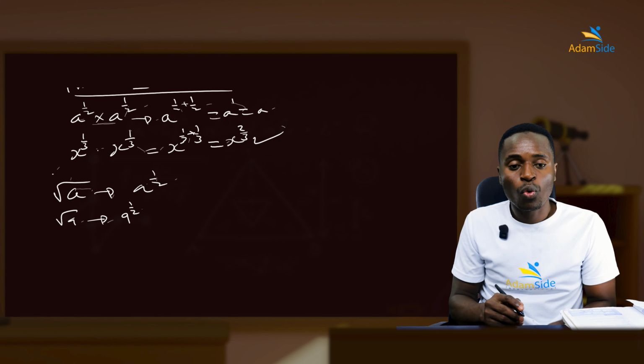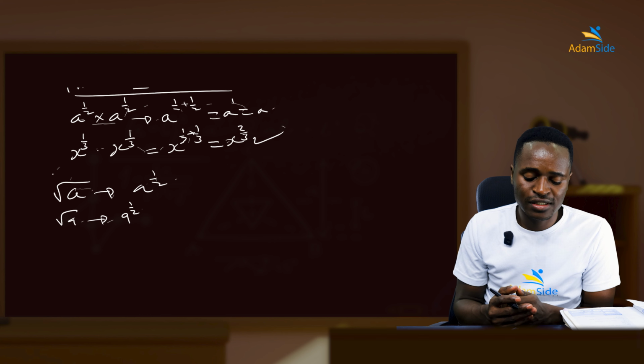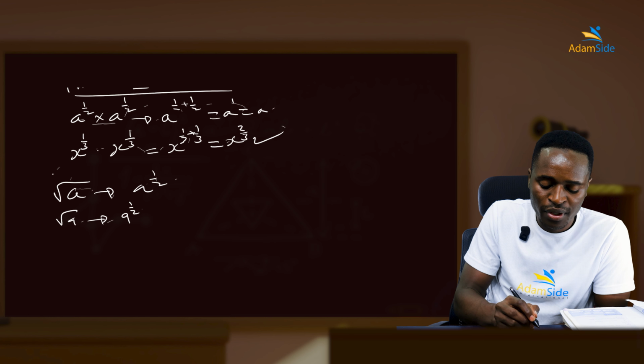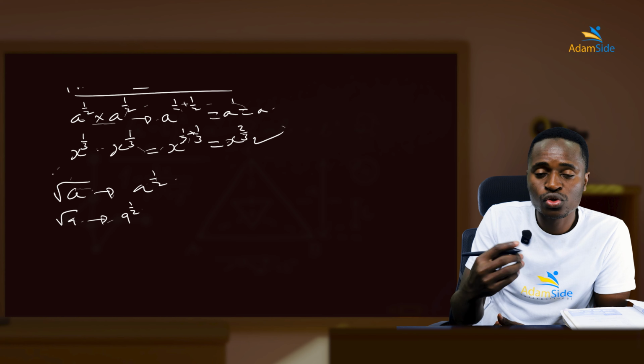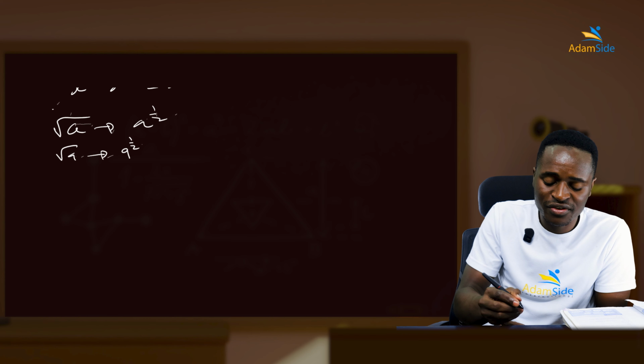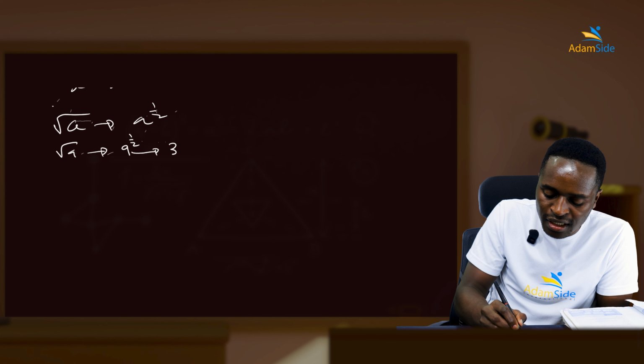How do we solve this without the use of a calculator? The square root of 9 is the same as 9 power half. If the examiners want you to solve without a calculator, it's very simple. Break this into the power form. It will be 3 power 2, and then out of bracket, a half.